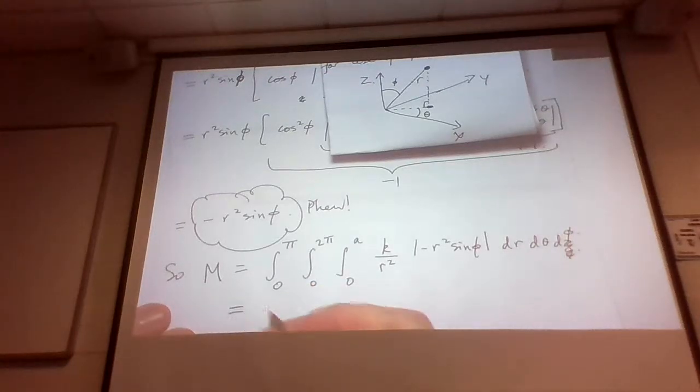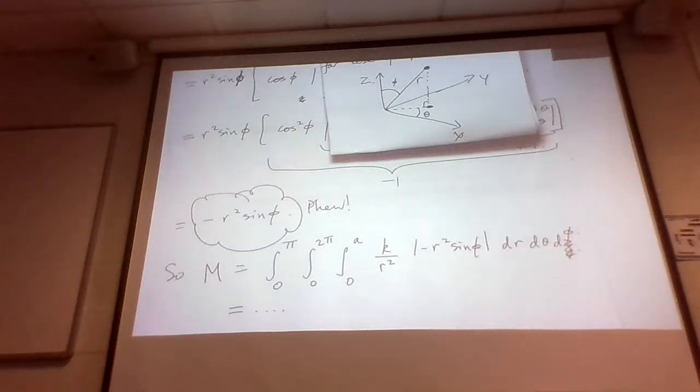So from this point, we can integrate. From this point on, it's just regular old familiar integration. And the answer you'll get, you can check your working, is 4 pi a k.